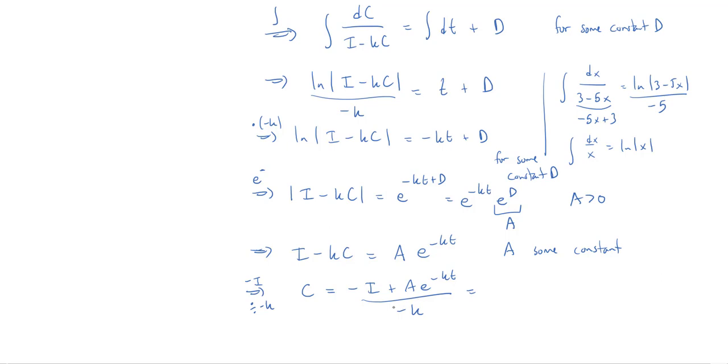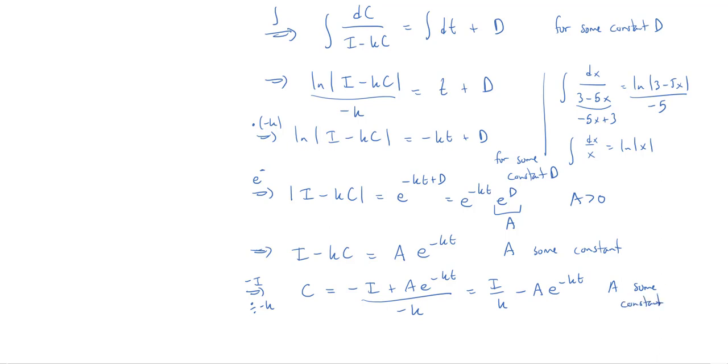That's going to be a positive, so we'll get I over k minus a over k, again it's just some constant, so I'm just going to leave it as an a, e to the negative kt. Again, a is some constant.